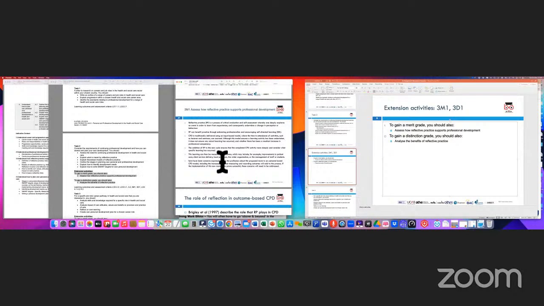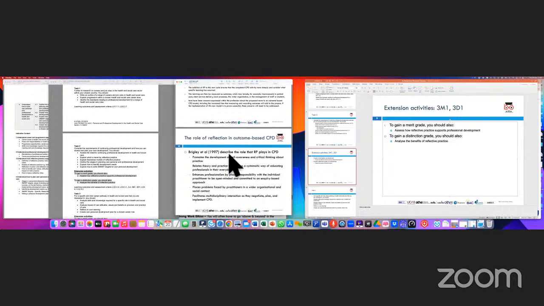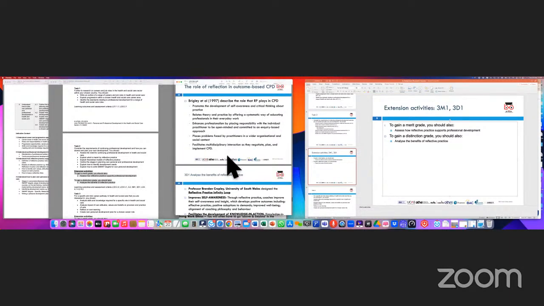This is explained in slides 37 to 38, which cover the process of reflective practice.